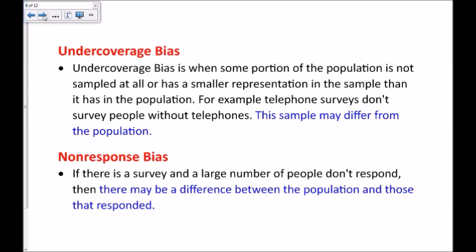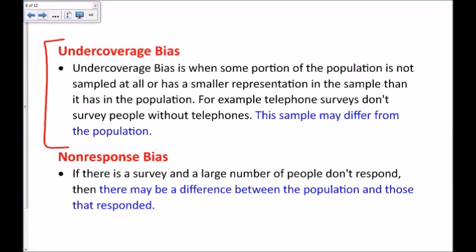Undercoverage bias. Undercoverage bias is when some portion of the population is not sampled or has a smaller representation in the sample than it has in the population. This is a really good one to know, to be aware of. For example, back in the day, they used to do a lot of telephone surveys. They do less of that now because of caller ID and things like that.